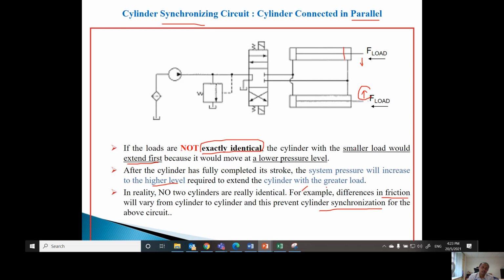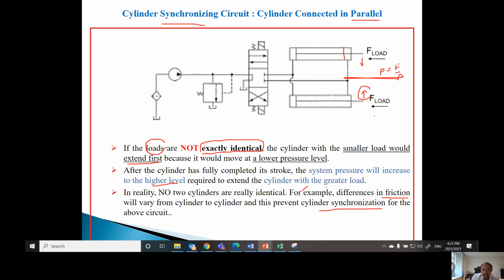It's not actually the size. The most important is actually the loads attached to this. But you know that pressure is equal to F divided by A, right?